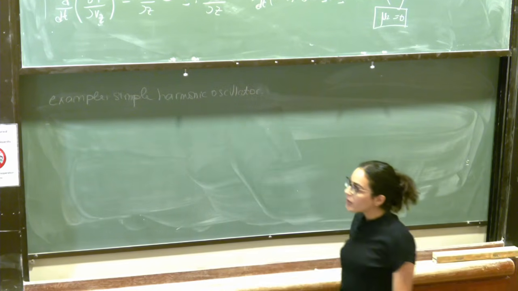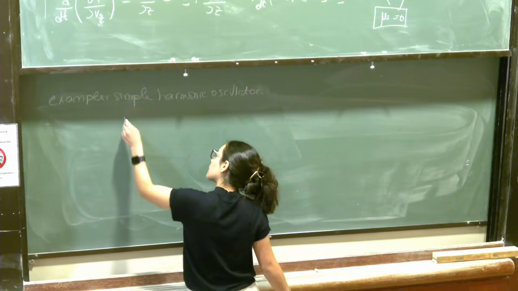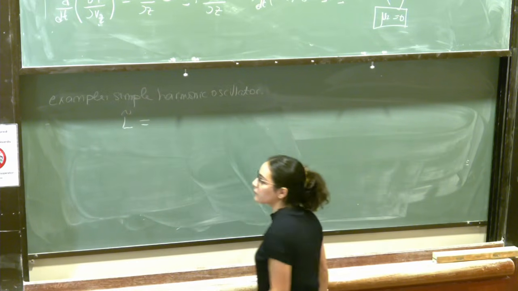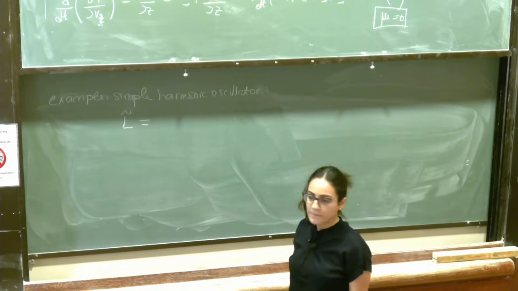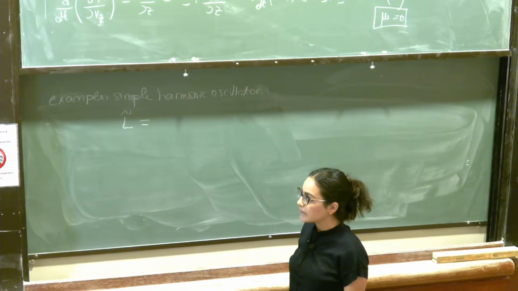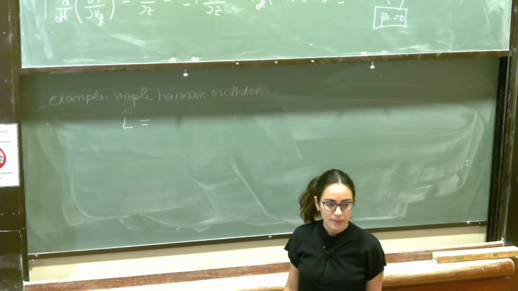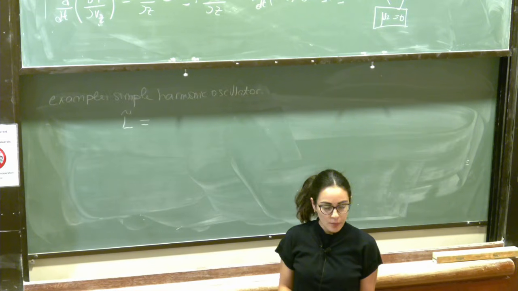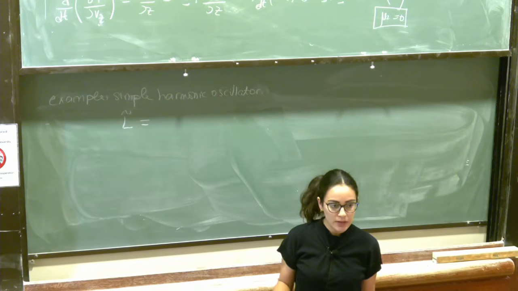Okay, for the simple harmonic oscillator, what does the constraint Lagrangian become? Remember, it's the simple harmonic oscillator enforcing the constraints that it is moving in rectilinear motion.